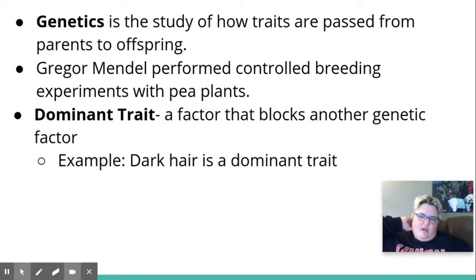There were certain areas in his section of his garden that seemed to be expressing a certain dominant trait, a certain characteristic that appeared all the time, and that dominant trait was the tallness of the pea plant. In other words, how tall it was compared to the shorter ones.